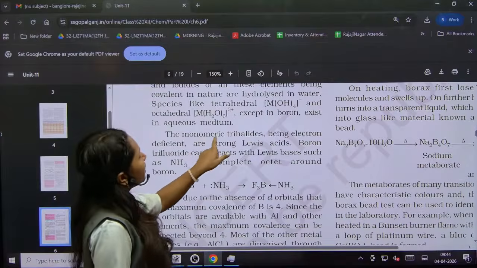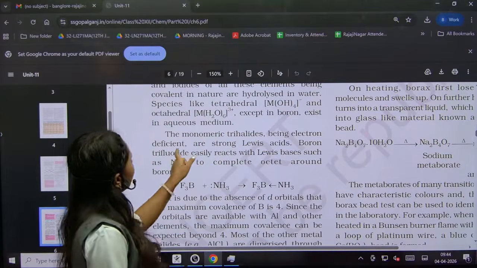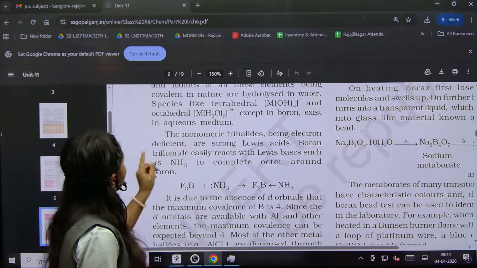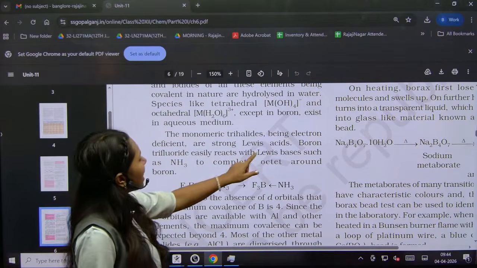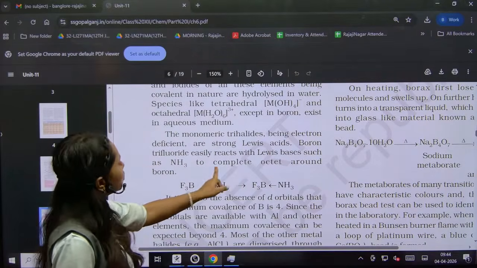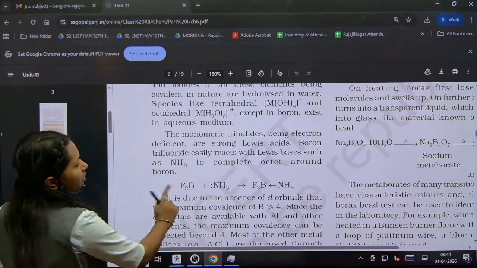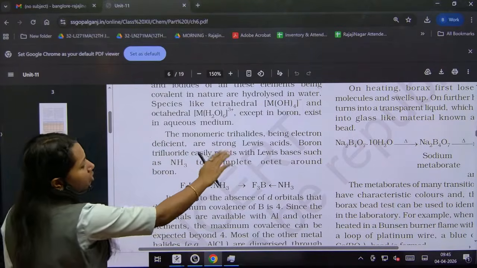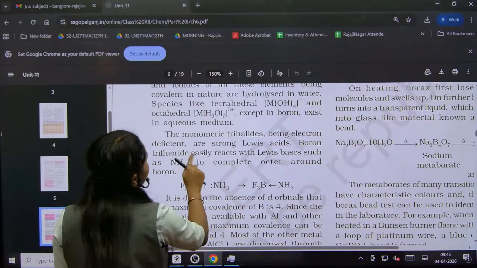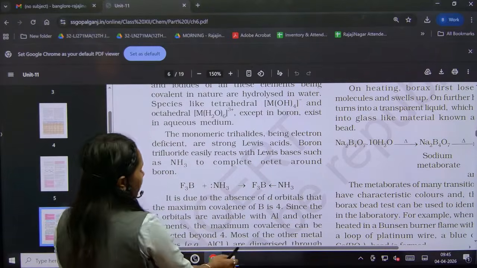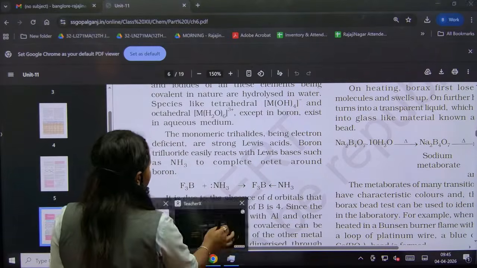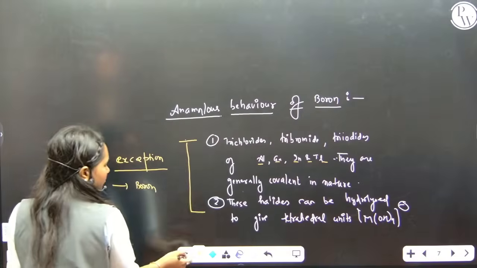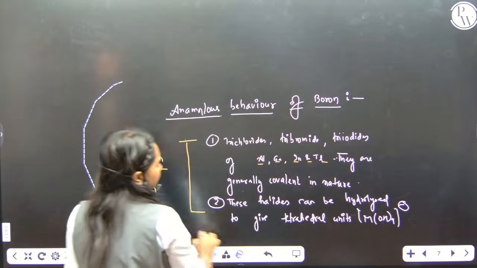The monomeric trihalides, being electron deficient, are strong Lewis acids. Boron trifluoride easily reacts with a Lewis base such as ammonia to complete the octet. So the monomeric trihalides being electron deficient are strong Lewis acids. Boron trifluoride easily reacts with Lewis base. Now let's see the next anomalous behavior.